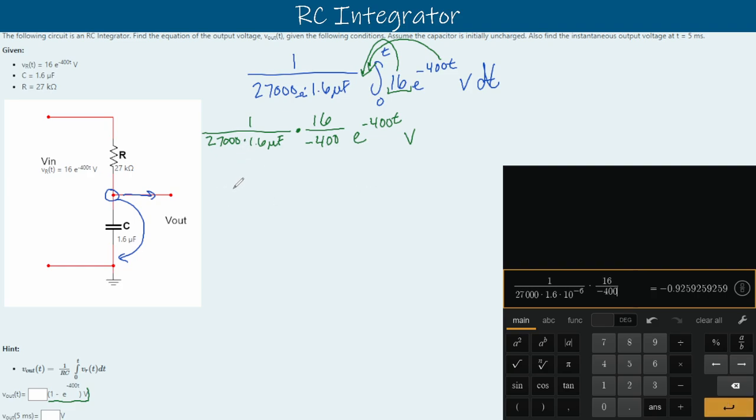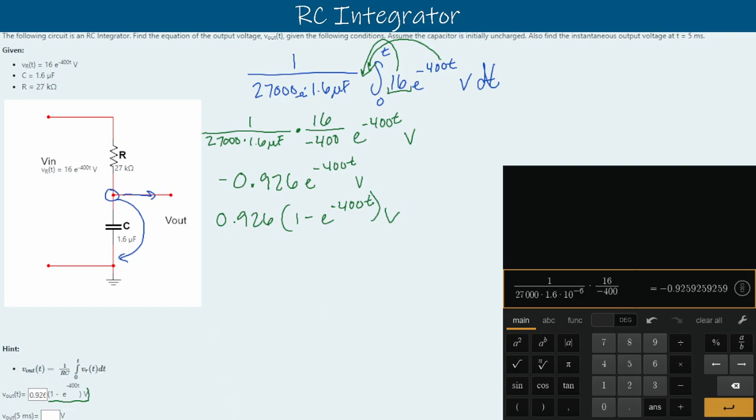We'll say that we have a negative 0.926 e to the negative 400t volts. And to get rid of this negative out front, we'll just write 0.926, and then in parentheses here, 1 minus e to the negative 400t volts. And so now we match the equation that they want us to put it in. And so we'll type our answer in down here as a positive 0.926.